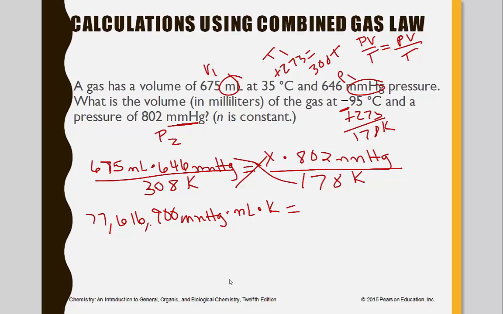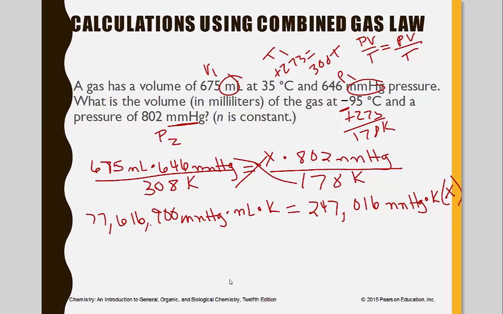The other direction, we have 308 times 802. That comes out to be 247,016. Our units here are millimeters of mercury and kelvins. And this is all going to be multiplied by X, which is going to be the volume.